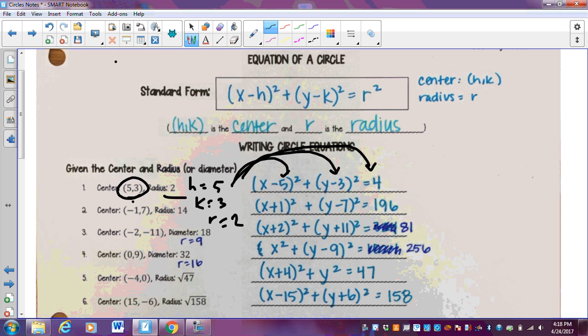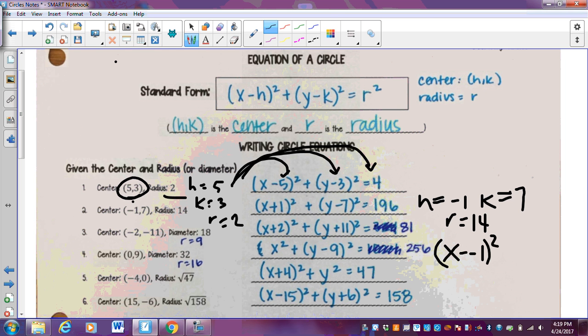As you move along there, you'll see ones like problem 2. So on problem 2, your h is -1, k is 7, and r is 14. So those were the dimensions that you were given. When you plug in h that's negative, you would get (x - -1)².